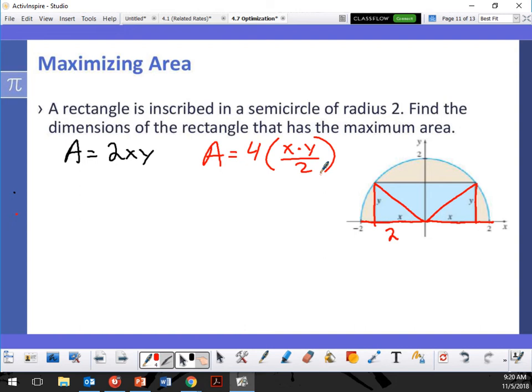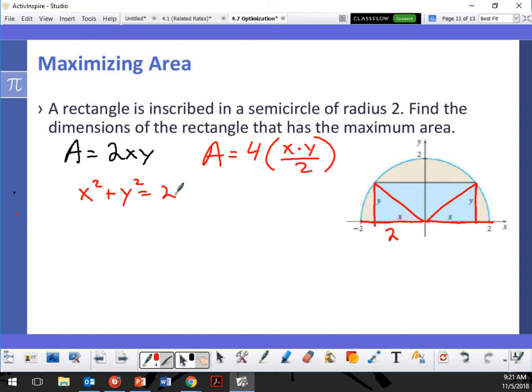I know that x squared plus y squared is equal to 2, right? It's always going to be like that. So let's do it for x, just because.